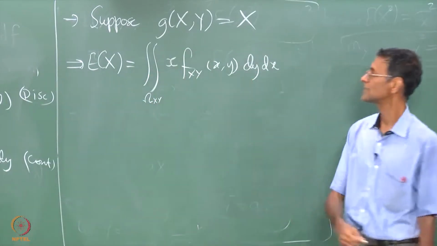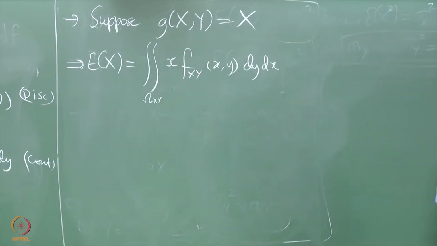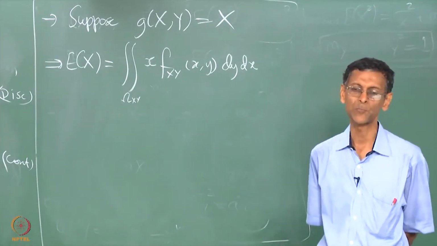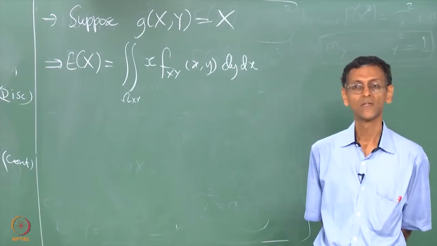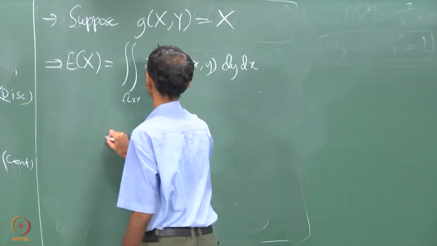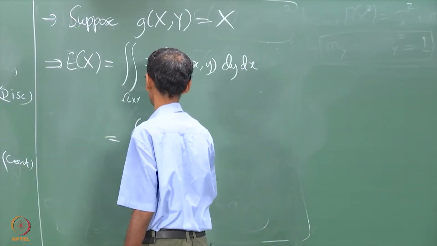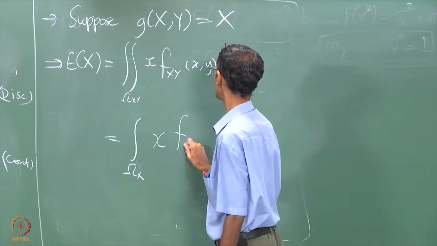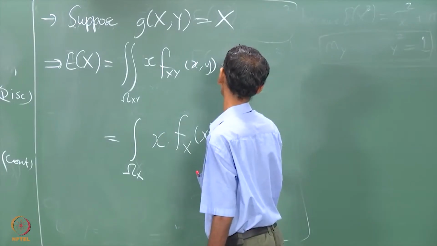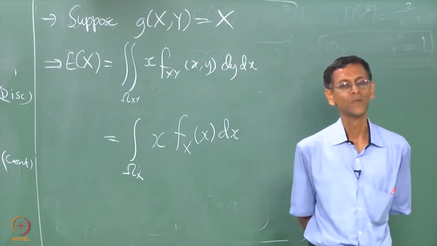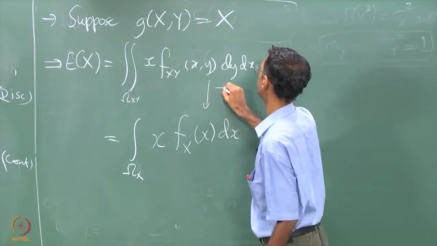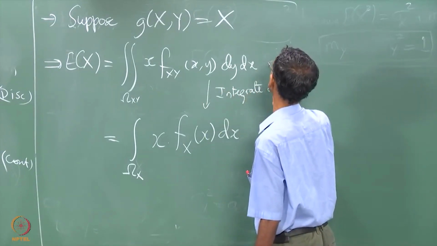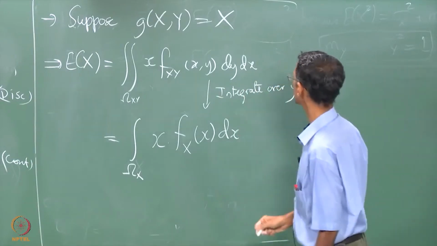What is the value of this integral? If I first integrate over y keeping x fixed, then obviously I have to integrate over the limits that are imposed by that value of x. So this will be an integral over omega x of what? X times the marginal. So you integrate over y, keeping x fixed.